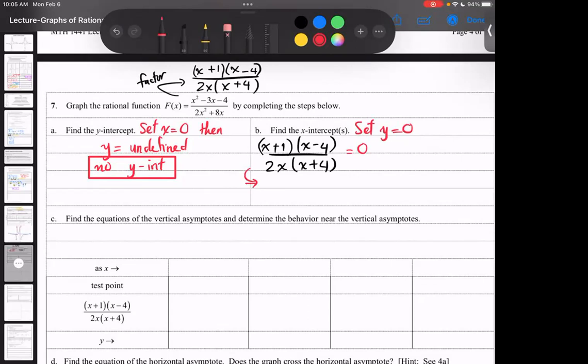Makes sense, right? If the left-hand side is equal to 0, the only way it's equal to 0 is that the top equals 0. The bottom can't. So this implies x equals -1 and x equals 4, so the points are (-1, 0) and (4, 0).